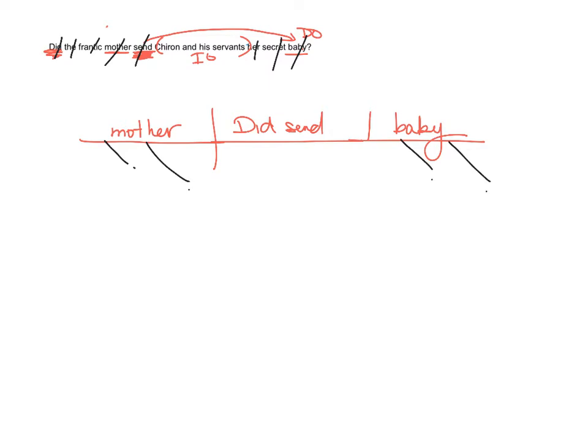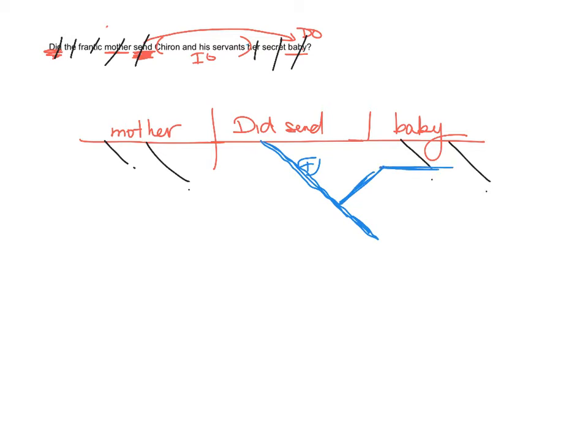Now I have to deal with Chiron and his servants. I know it is an indirect object, so I'm going to start my indirect object preposition-ish line. Remember, the X means there could be a preposition there, but we don't know what it is. I then know that the objects of the preposition, down here, are going to split. So I have to create a split. What's the first item on my split?